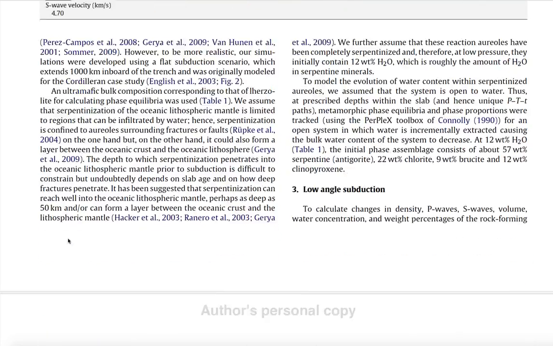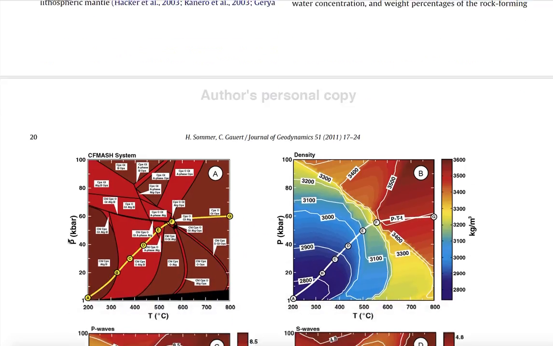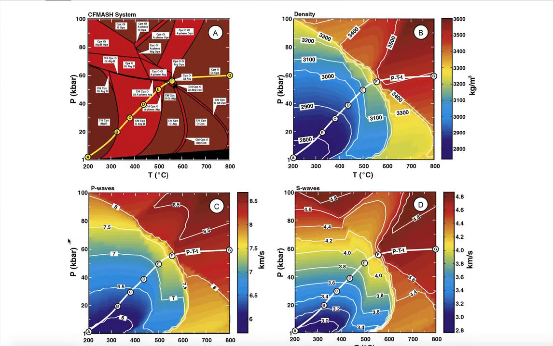So, but now you are calculating this, and I use there the CFMASH system, yeah. For the fourth year students, you know by now the CFMASH system, that is calcium, iron, magnesium, aluminium, silica, water. So, and for the third year students, we have dealt by now with the MSH system and the CMS system, yeah, and that is enough for you.